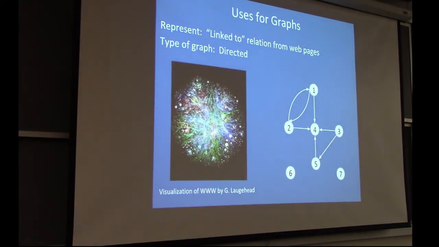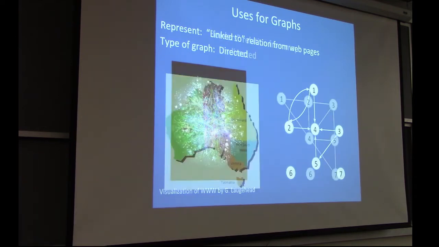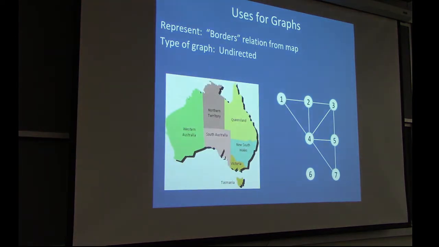Okay, here's a rather old visualization. It's probably 5 or 10 years old now, of the World Wide Web. And so it's a picture of websites, web pages, and edges between them, links between them. And this previous graph, I don't think I mentioned it when I was there, is an undirected graph because there's no directionality on the edges.